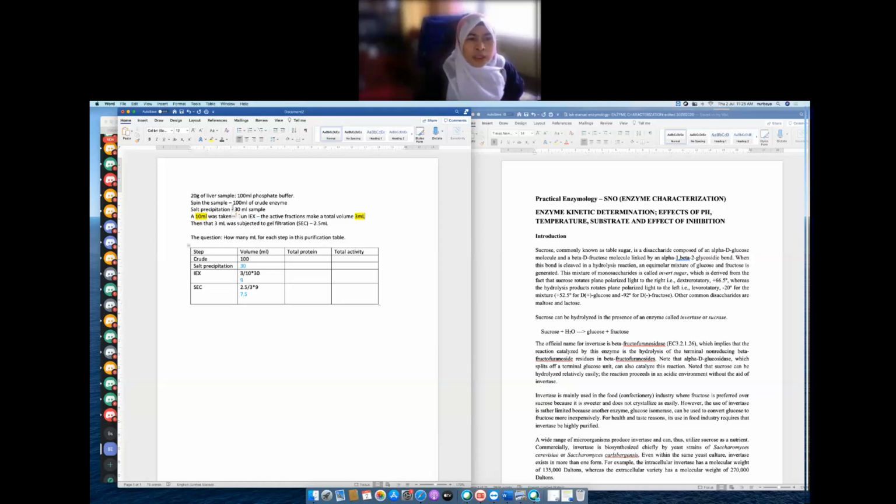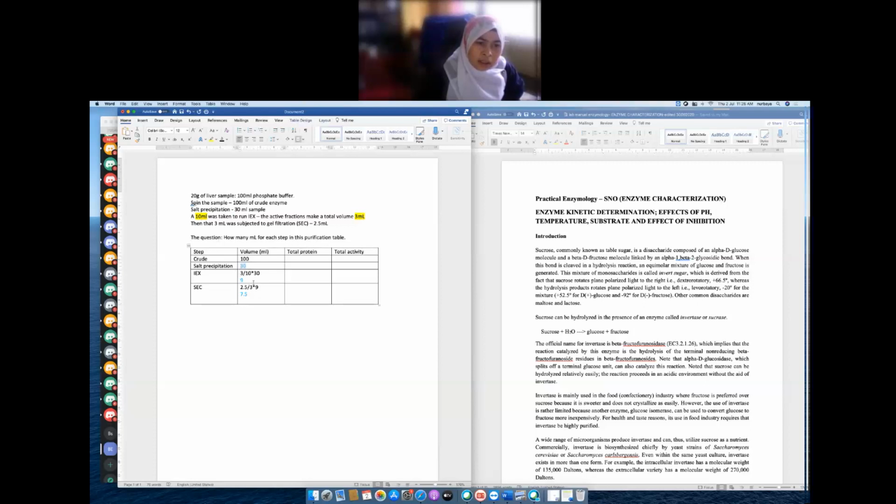But we need to calculate for 30 mil, because in our purification table we start with the crude at 100 mil and then salt precipitation at 30 mil. So from 10 mil we got 3 mil, and the way to calculate and get 9 is 3 mil divided by 10 multiplied by 30.